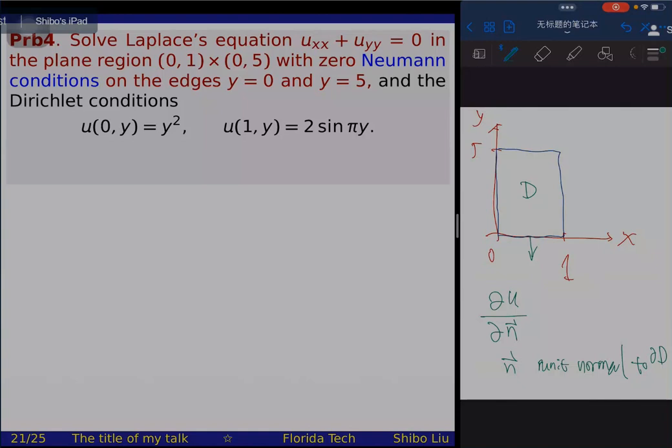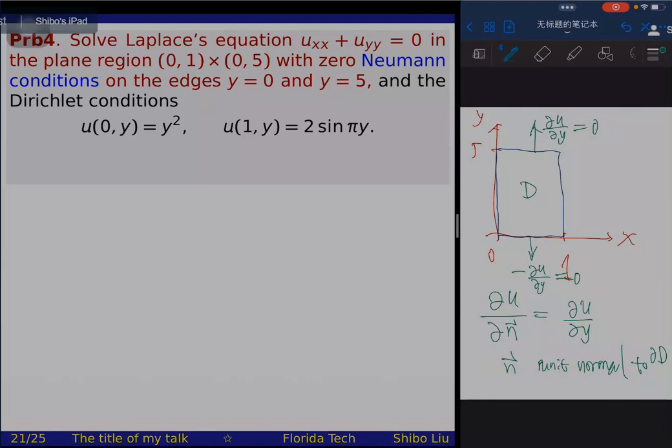Therefore, the directional derivative in the normal direction is just the partial derivative in y. On the top it is the partial derivative in y, and that is 0. On the bottom, the normal is the opposite direction of y. Therefore, it is minus the partial derivative with respect to y.